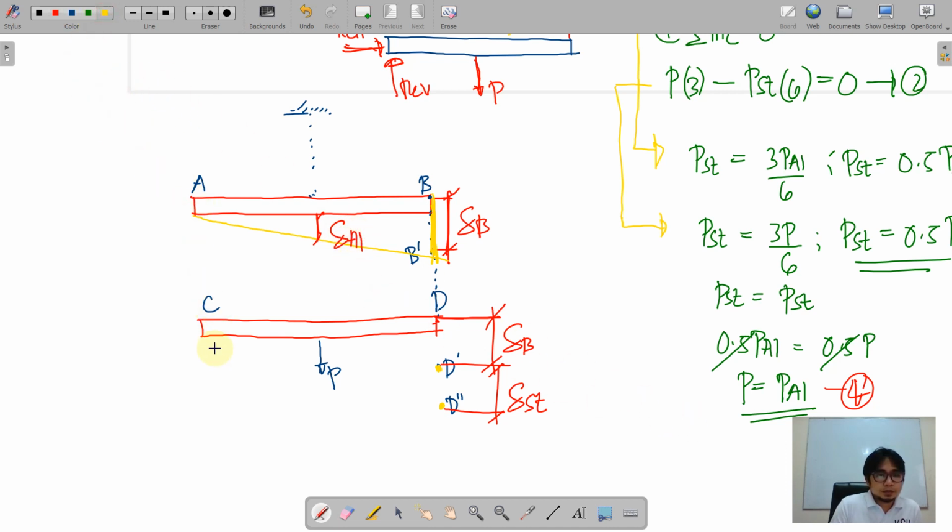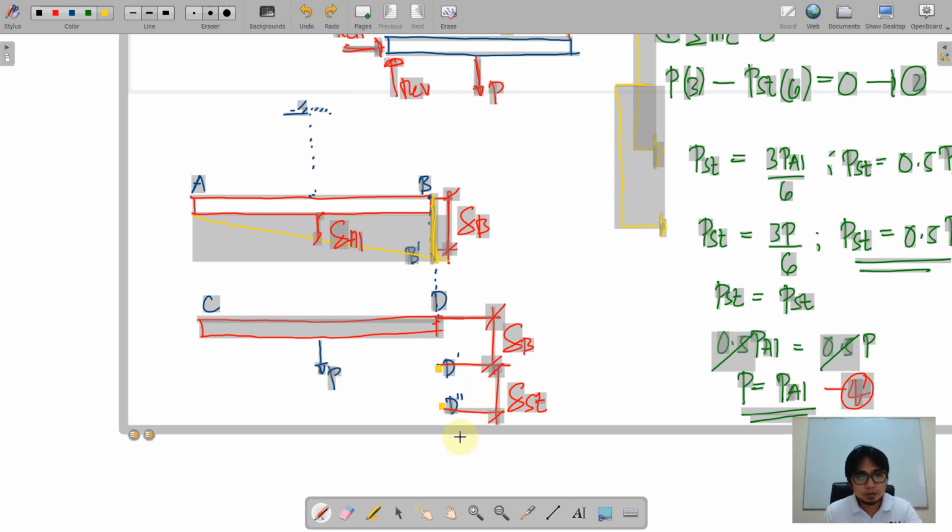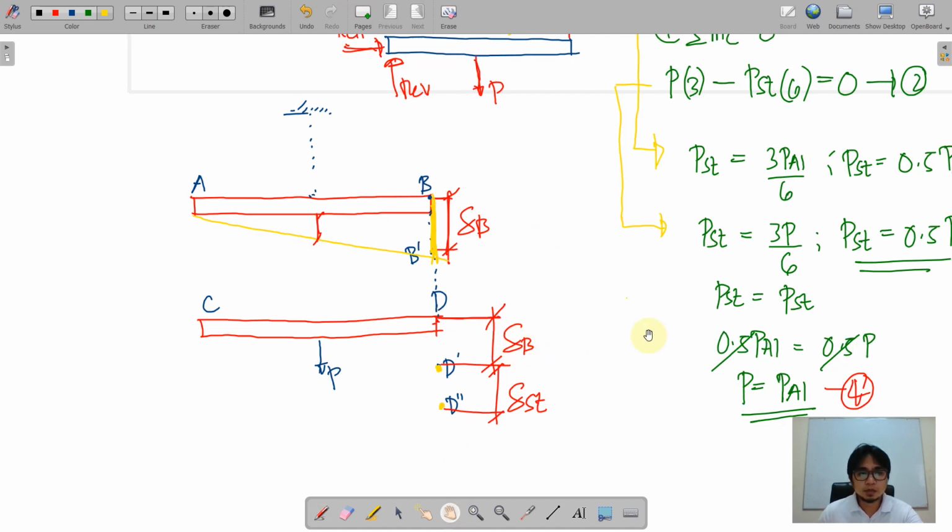So we now project the final position of CD. So this is the final position of CD. So actually we have a right triangle.